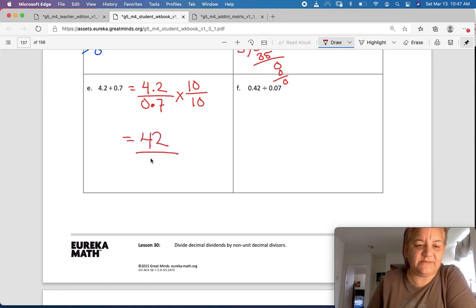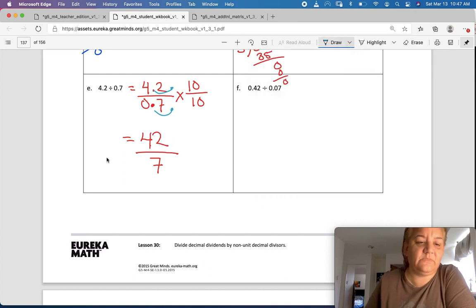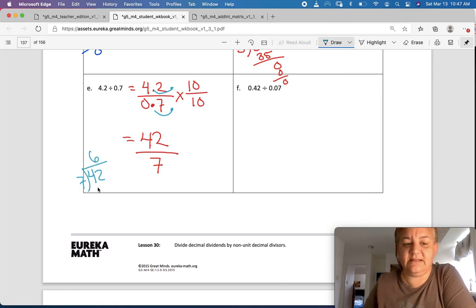And the denominator is going to be 7 because I moved that decimal over 1 spot. And here I moved it 1 spot. Okay. Now 42 divided by 7. 42 by 7 is 6, right? It's 42, math facts. All right, my answer is 6.